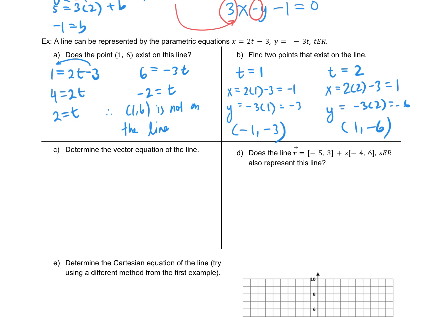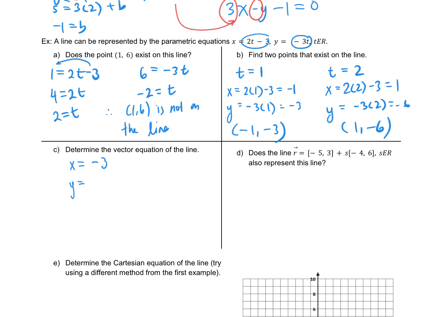Okay, determine the vector equation of the line. Well, if we already have our parametric equations, then we can recreate the vector one really nicely. Now, something that might be helpful is to just rearrange this parametric form. So we know we want the vector that represents the coordinate on the line, so from the origin to the point first, and then the one with the parameter after, the direction vector.